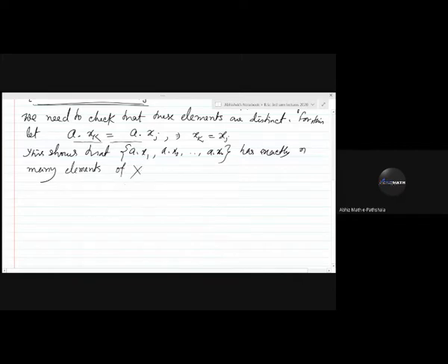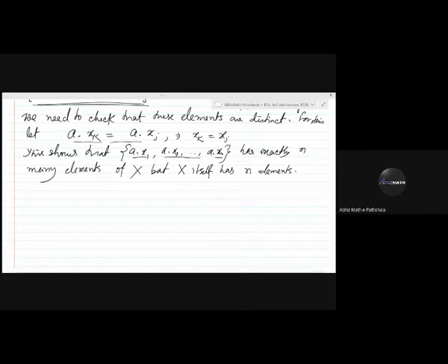These elements are actually from X also, because X is a semigroup, so with respect to the operation it satisfies the closure property.